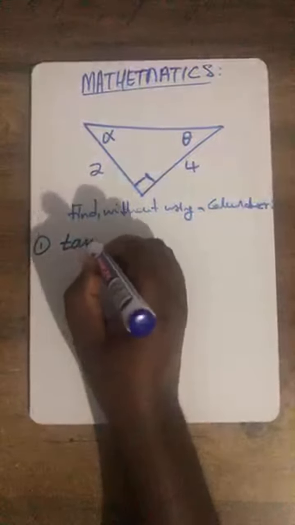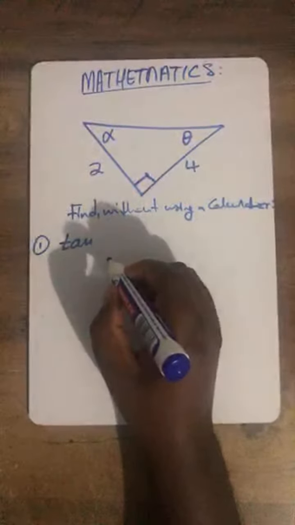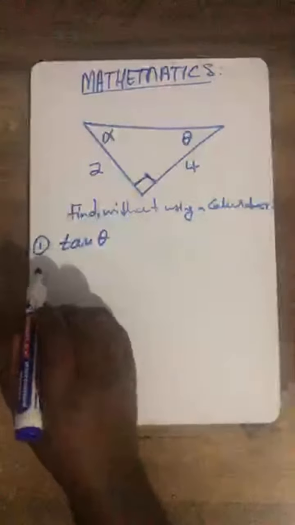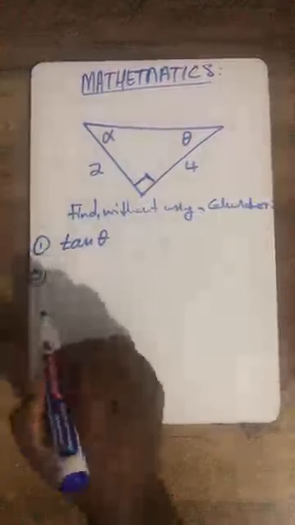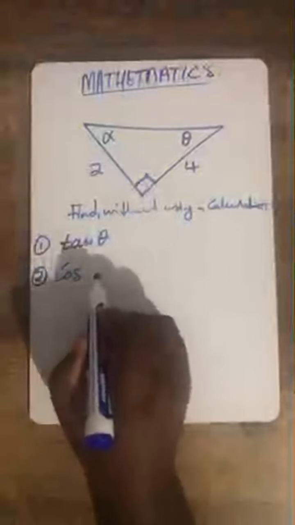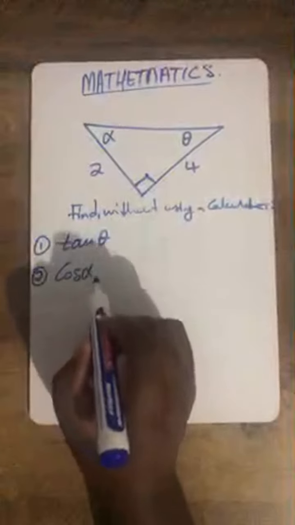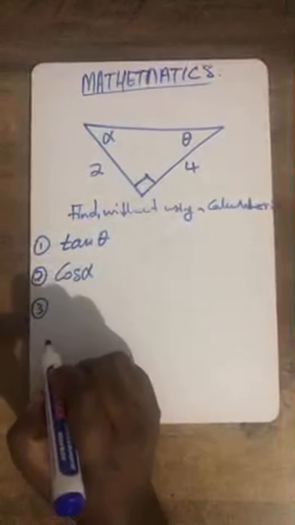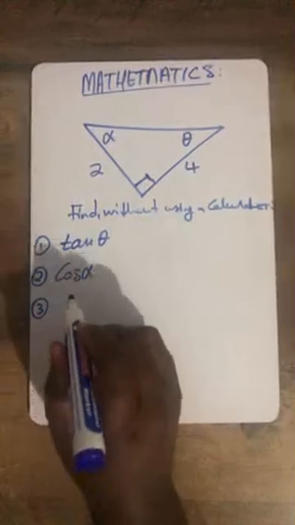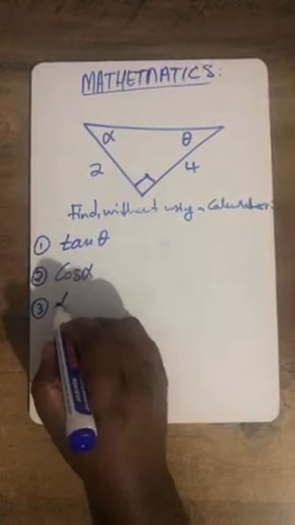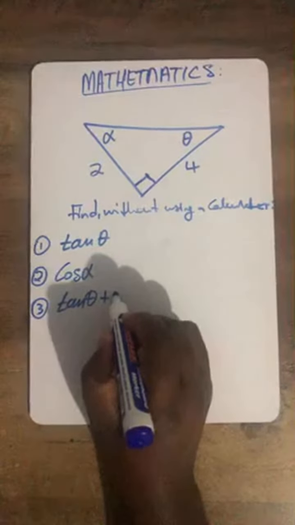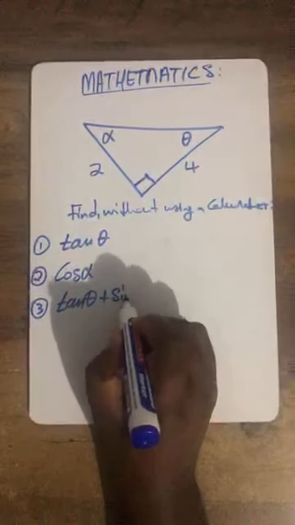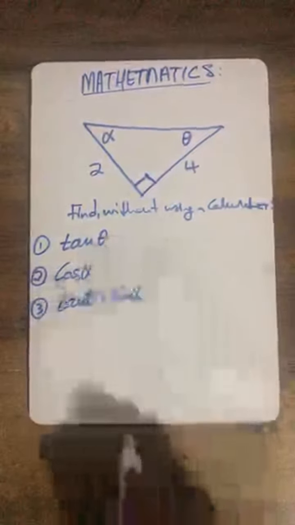The first one, find tan theta. Number 2, find cos alpha. Number 3, find tan theta plus sine alpha.